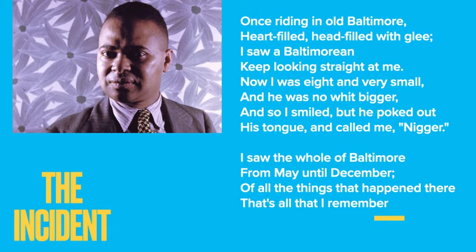And he tells the story here of being a little boy visiting Baltimore for the first time, and then having his first experience with racism. And not only with racism, but with racism coming from a child his own age, and just how affecting that was. So you see a lot of that coming out in the literature of the time.